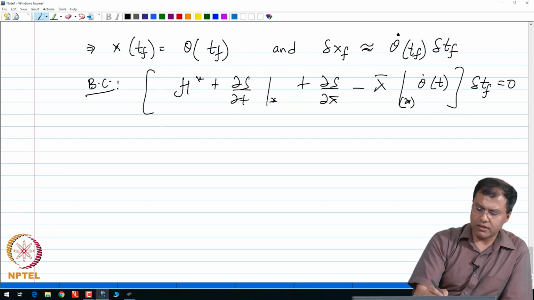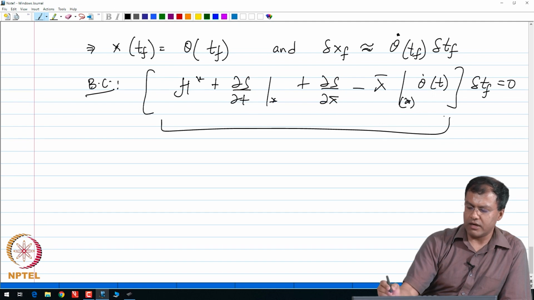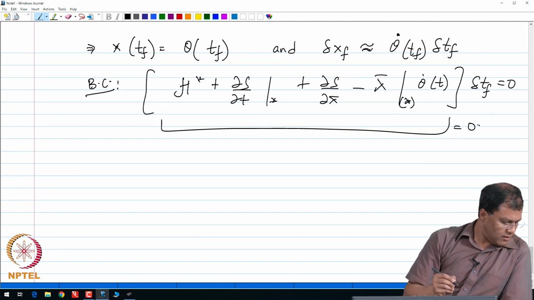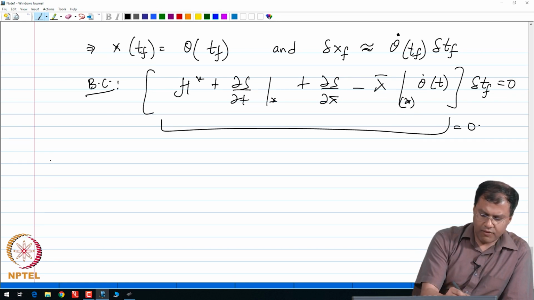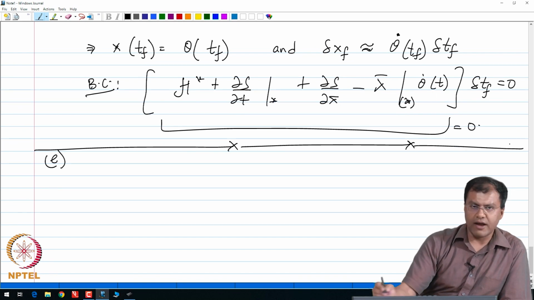And of course, for this boundary condition to be 0, this underlying quantity will be 0, right.